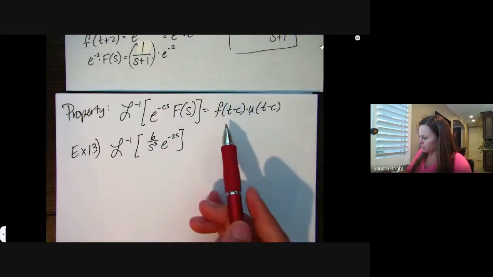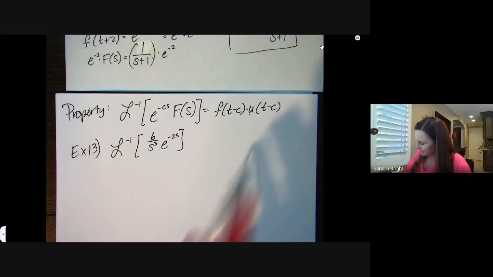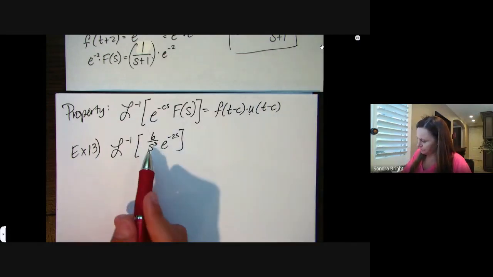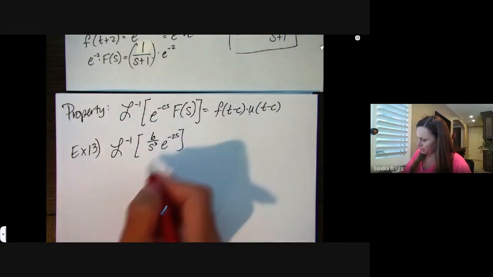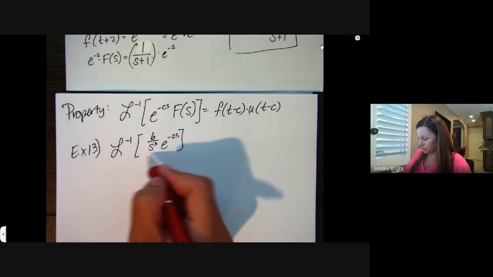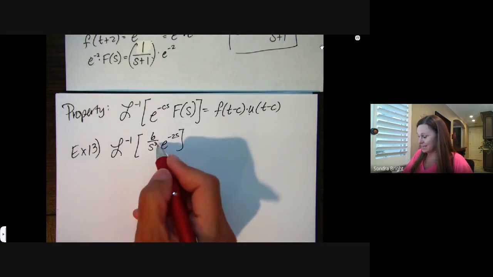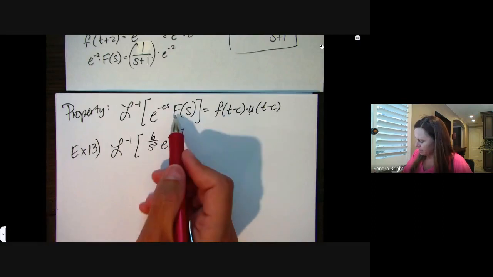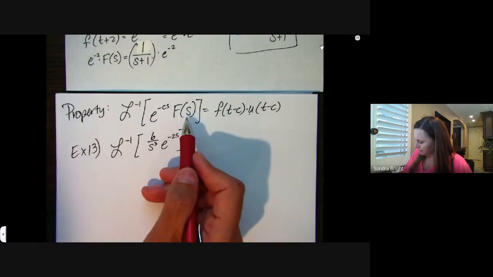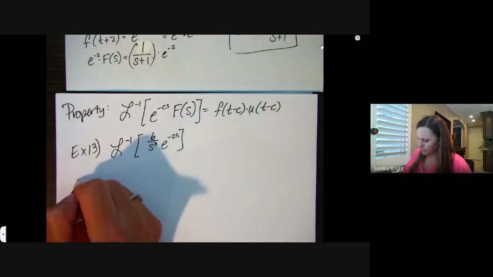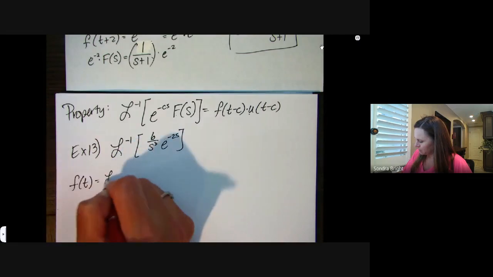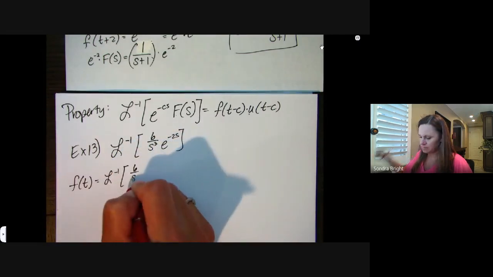But this 6 over s cubed is your big F of s, so that is the Laplace transform of something. So little f will be the inverse Laplace transform of 6 over s cubed.